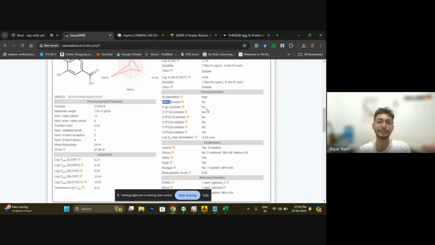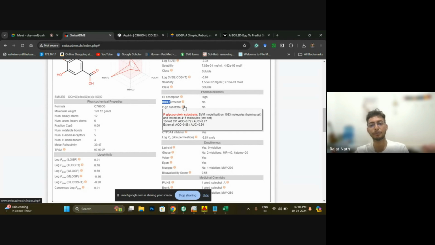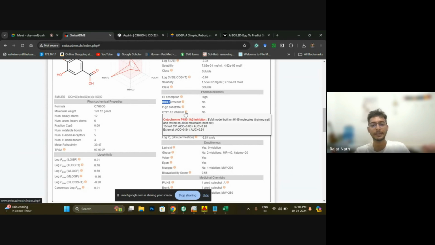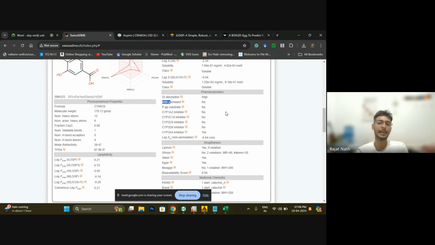Okay. Then comes PGP substrate. PGP stands for P-glycoprotein. So what is a P-glycoprotein substrate? It is yes or no. If it is showing yes, that means it can efflux your compound from the blood-brain barrier.